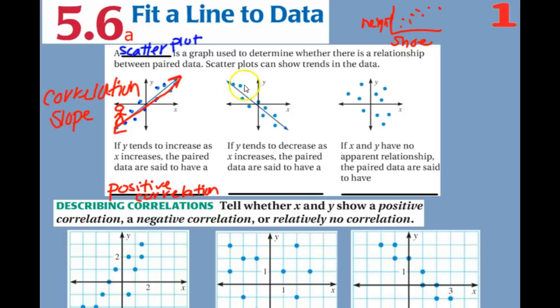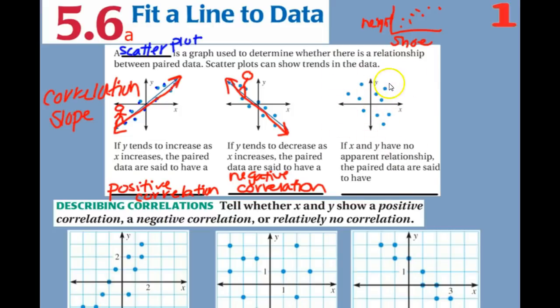This next one, they plotted all the points and noticed, hey, this line might fit all that data pretty closely. This would be walking from left to right, a negative correlation, or a negative slope.